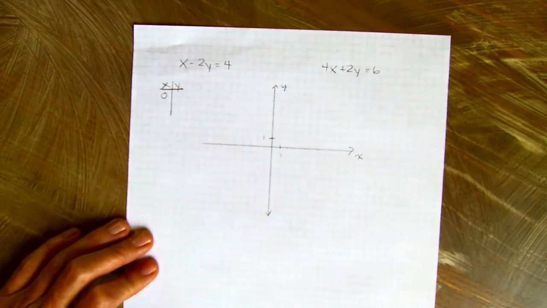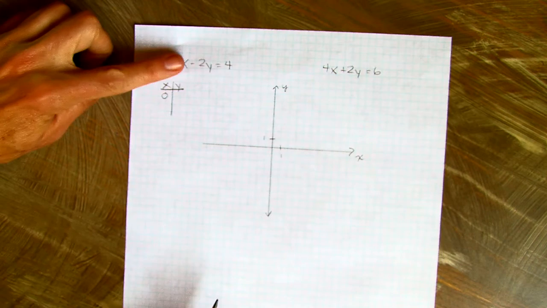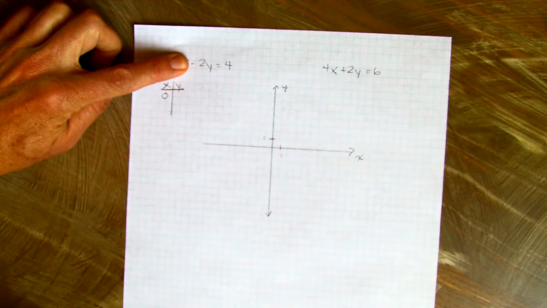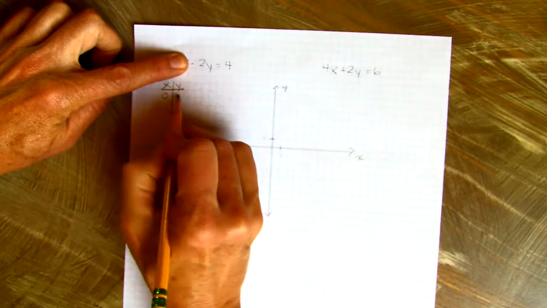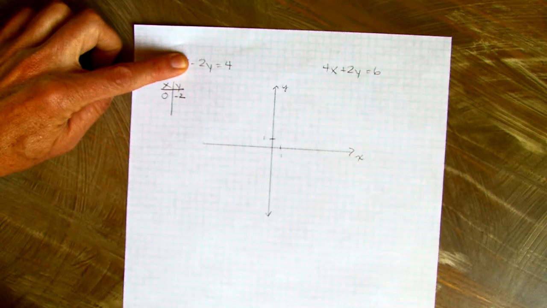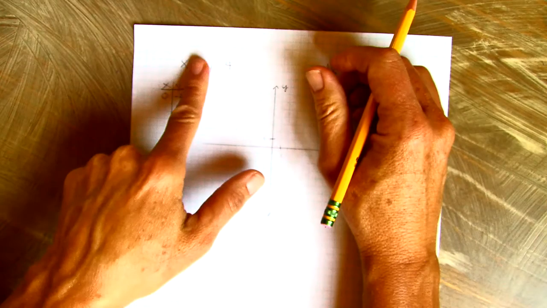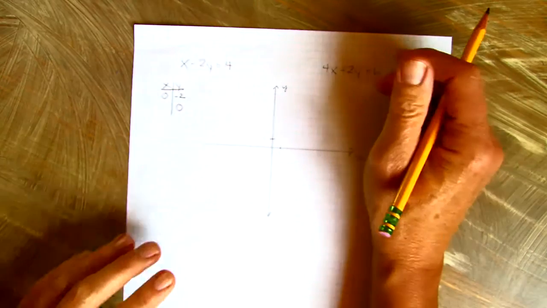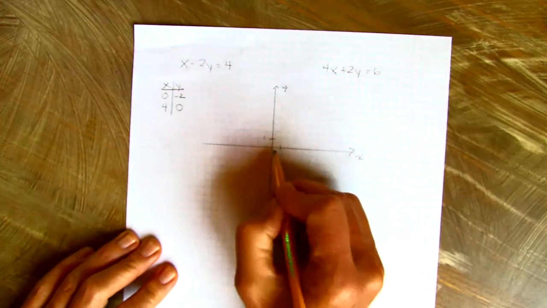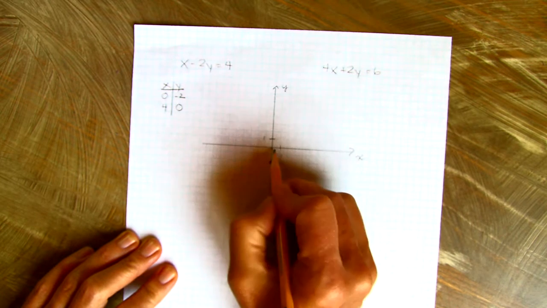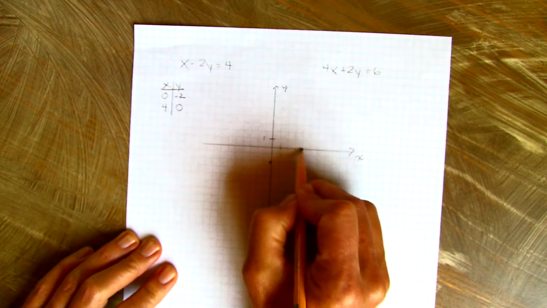To find the y-intercept, I let x equal 0, and if negative 2y equals 4, then y must equal negative 2. Now I'm going to find the x-intercept and let y be 0, and x equals 4. So there are my two points, (0, negative 2) and (4, 0).